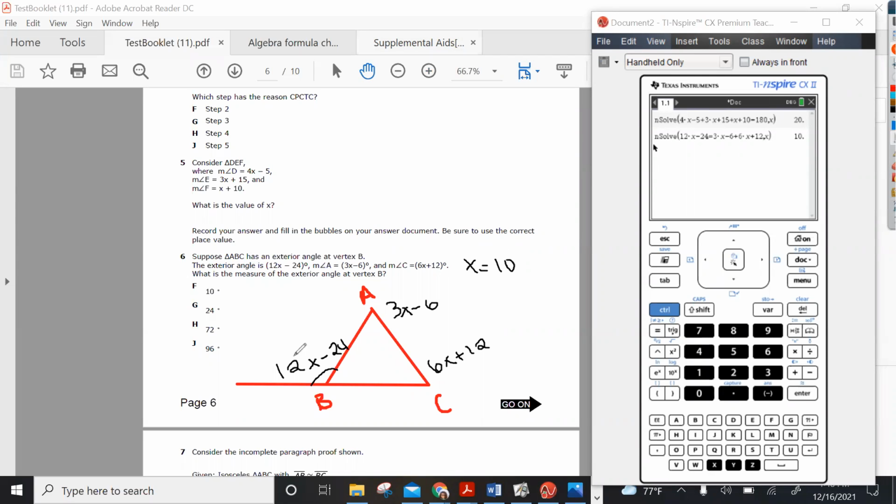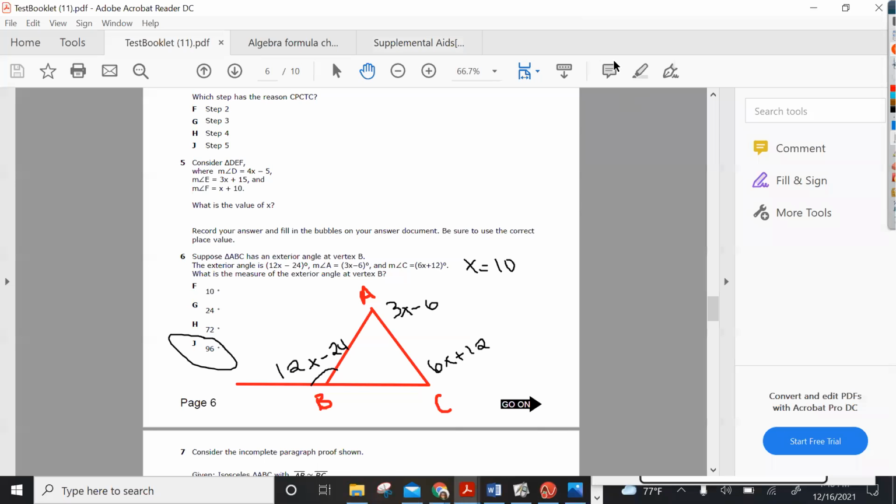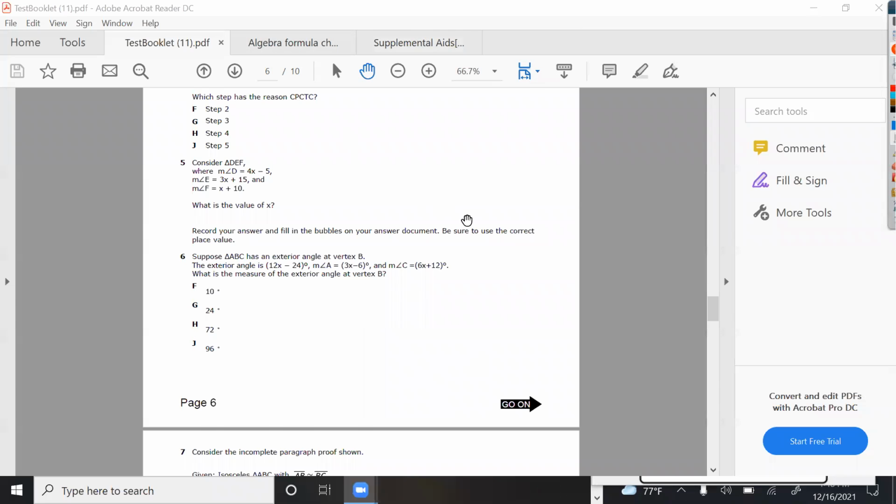Now, 10 times 12 is 120, minus 24 is 96. And if you're not sure, just plug it in. 12 times 10 minus 24, 96. Okay. Sometimes it helps to draw this stuff out.